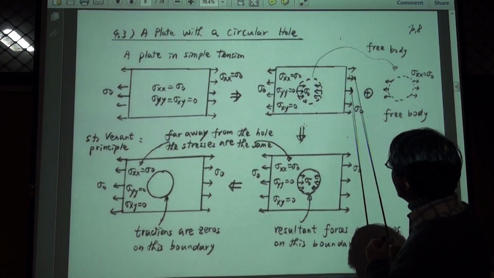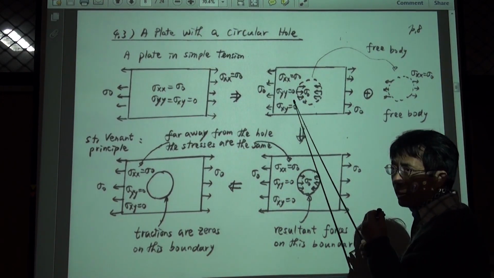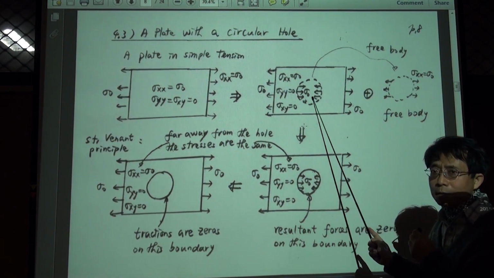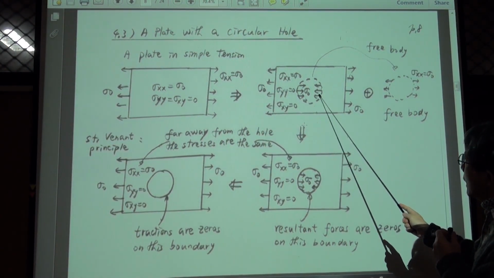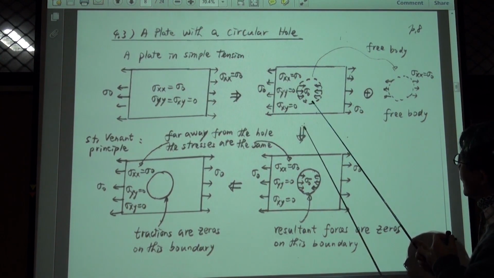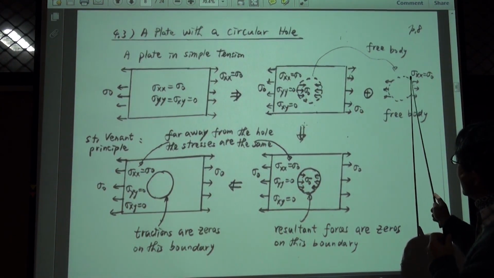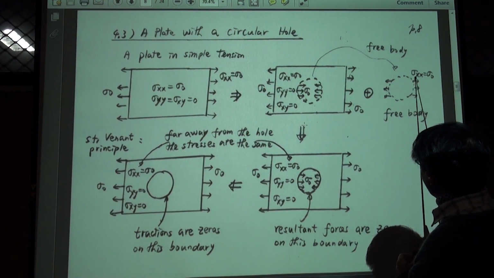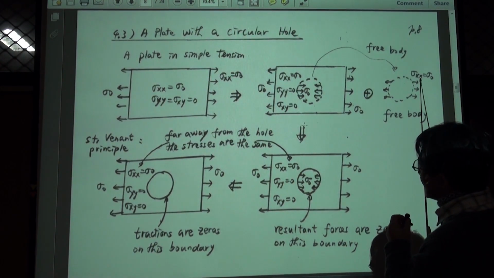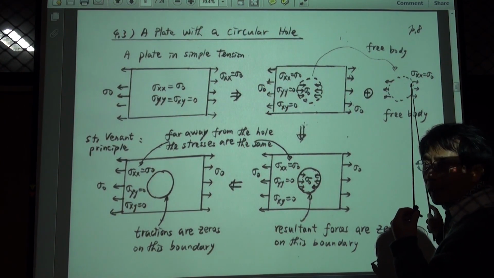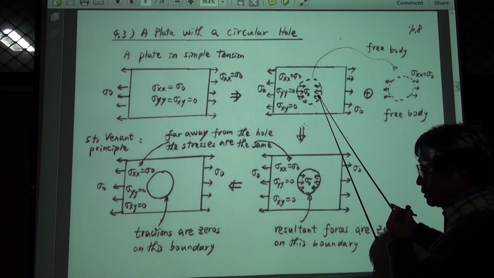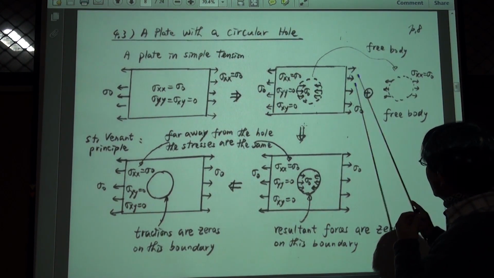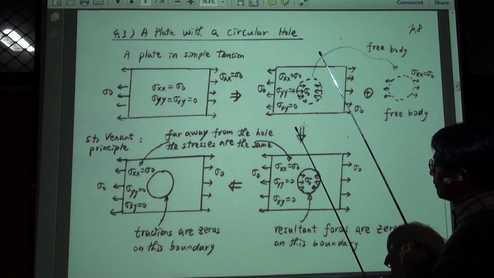After the free body has been taken off, the internal stress is drawn explicitly here. There is some internal stress here, and this is the free body. Now, the stress state along this free body is just the simple tensile stress state. So sigma xx equals sigma 0 here, sigma xx equals sigma 0 here.